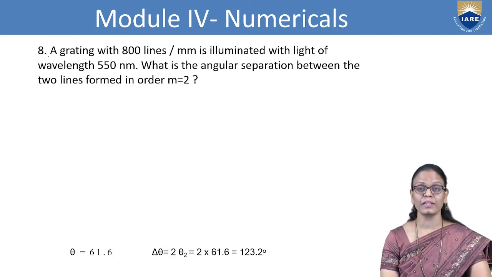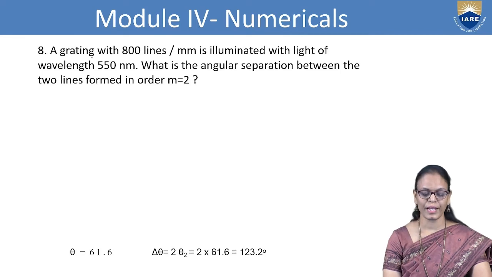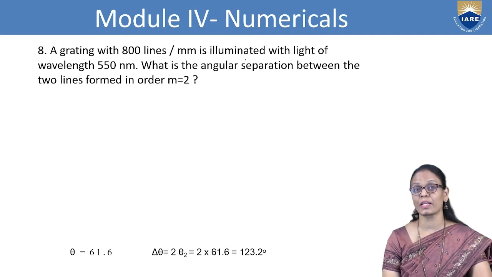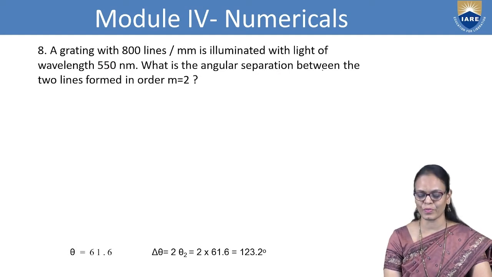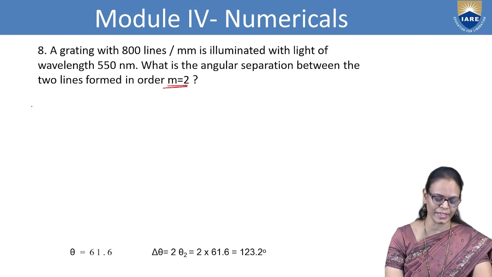Now, eighth one. A grating with 800 lines per millimeter is illuminated with light of wavelength 550 nanometer. What is the angular separation between two lines formed in the order m is equal to 2? So here we need to understand the problem, and first we'll write the data.